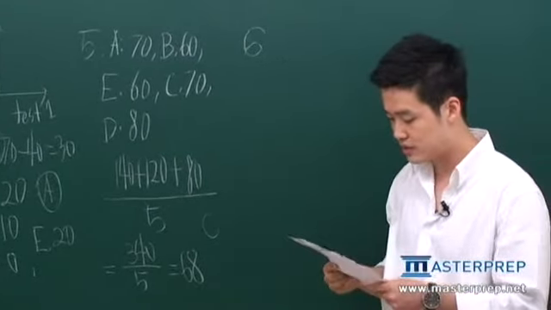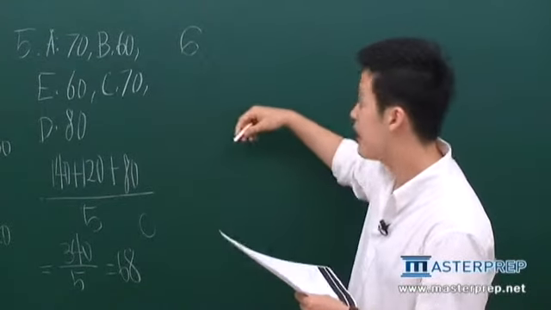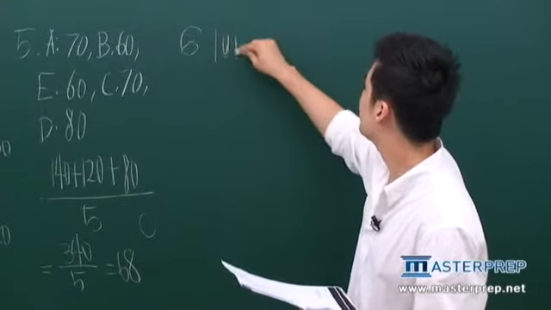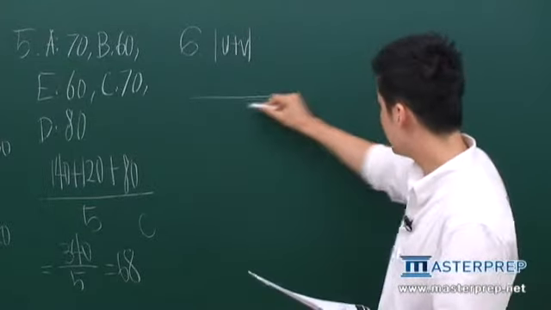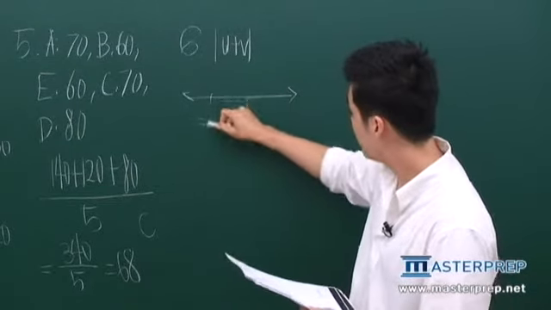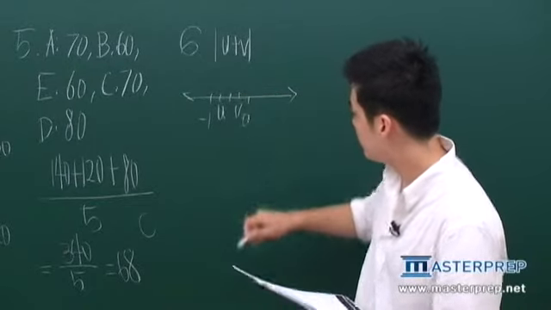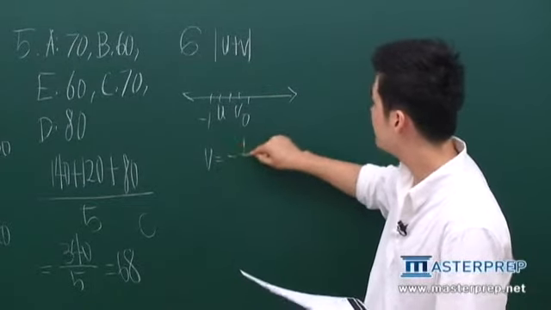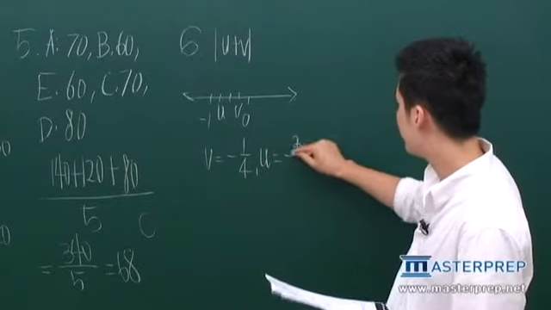Let's look at number 6. We want to find the value of u plus v. Looking at the number line, u and v are between -1 and 0. So v must be -1 over 4 and u must be -3 over 4.